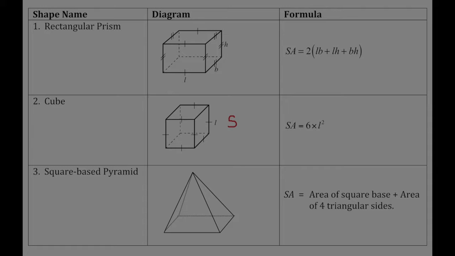So sometimes we call the side S and say the surface area is equal to 6 lots of S squared rather than 6 lots of L squared, but it doesn't matter what letter you use. And at the bottom we've got our square-based pyramid. So find the area of the square base and then add to that the area of the 4 triangular sides.